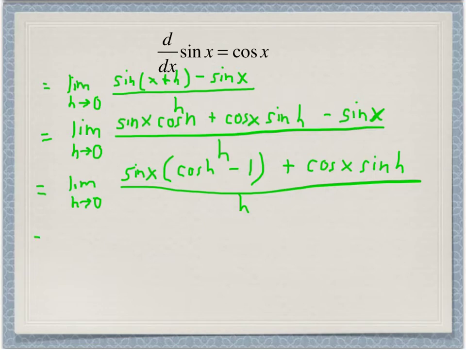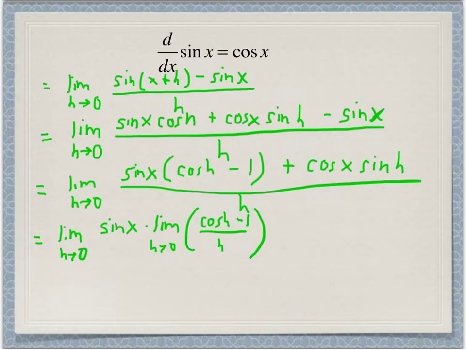Now, one property of limits is that when we have products and things like that, we can kind of separate it out into various parts. So what I'm going to do here is I'm going to separate these. So this is going to be the limit of the sine of x times the limit, again as h approaches 0, of this other part, cosine of h minus 1 over h.